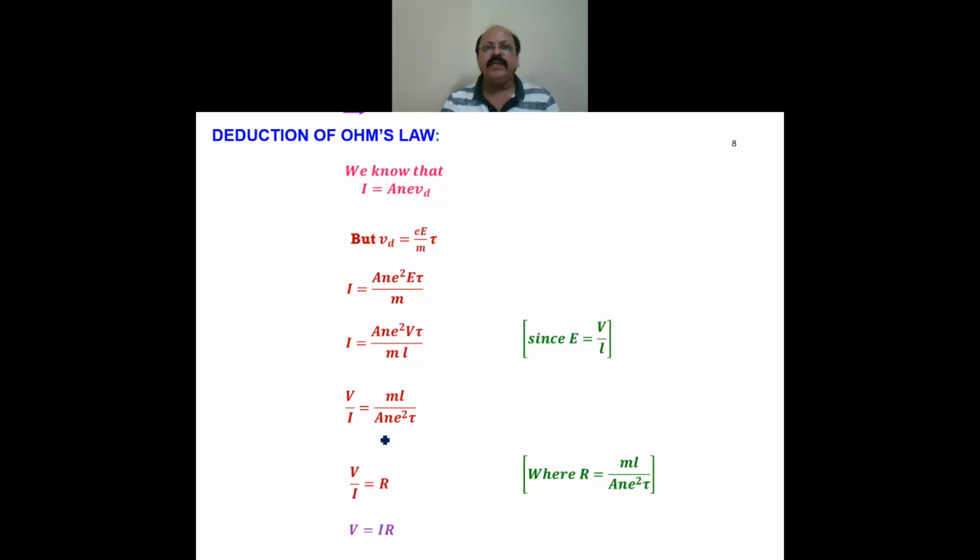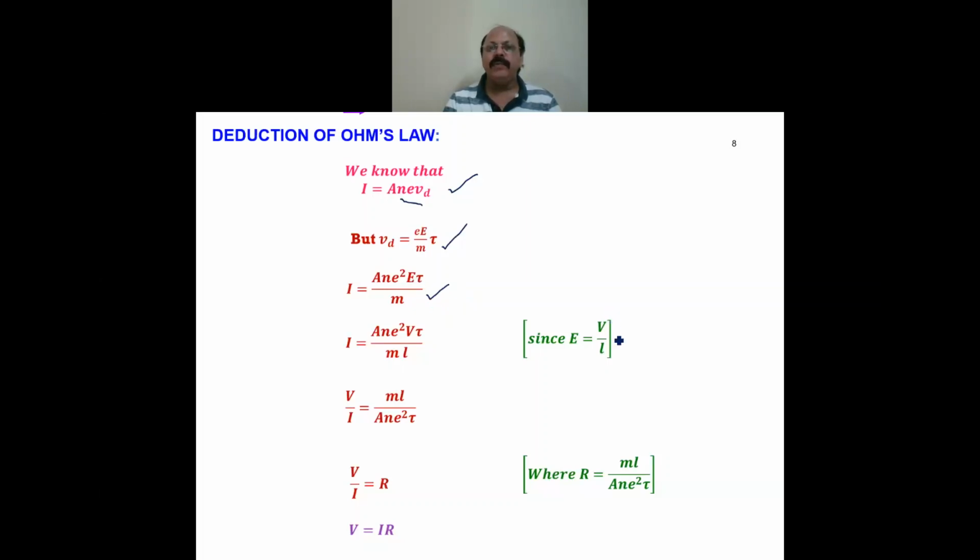So for that purpose, we know that I is equal to nAeVd, that is from the relation of electric current and drift velocity. Then you know Vd equal to eE upon m into tau. Substitute this value here, then you will get I is equal to nAe square E tau upon m.